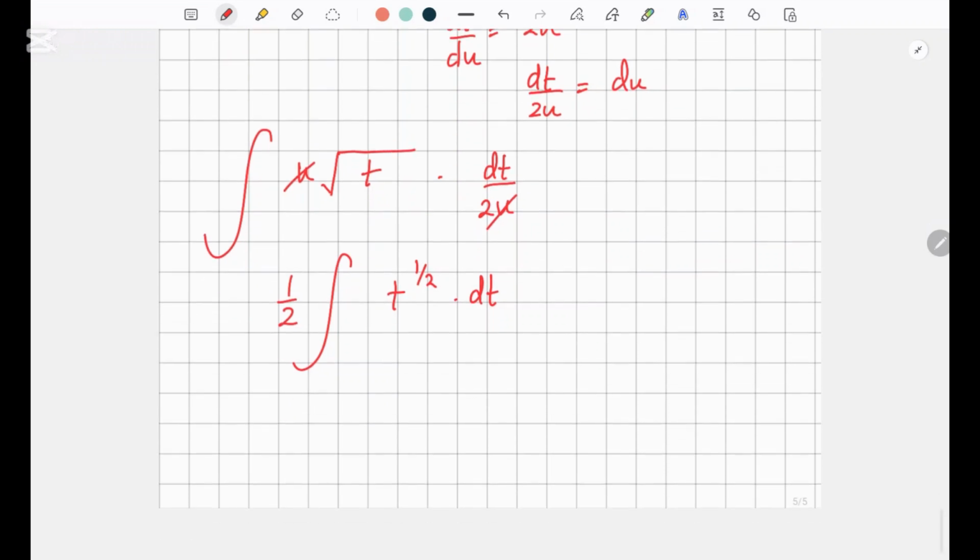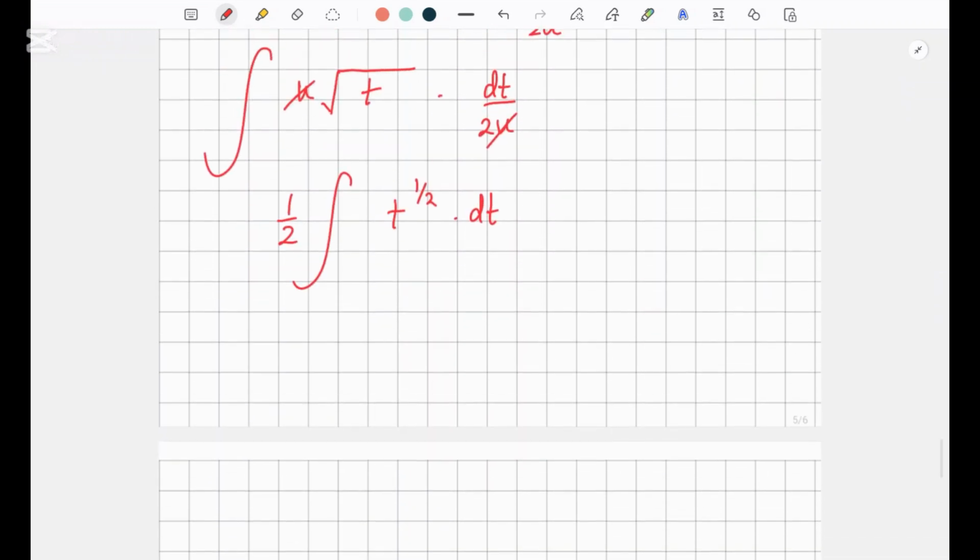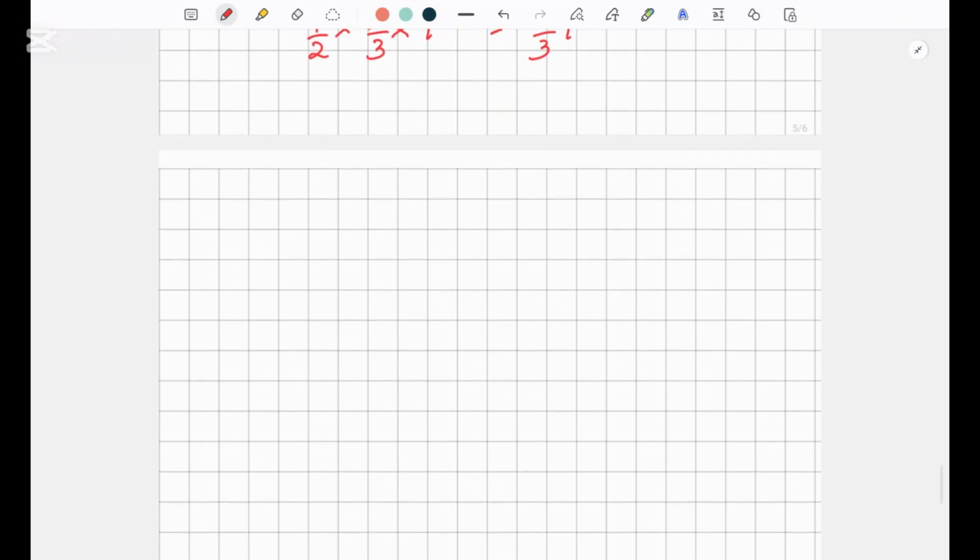So the integration of t to the power half is 2 over 3 into t to the power 3 over 2. Don't forget to multiply by half. So you get 1 over 3 into t to the power 3 over 2. Okay, now let's bring in our answers together.